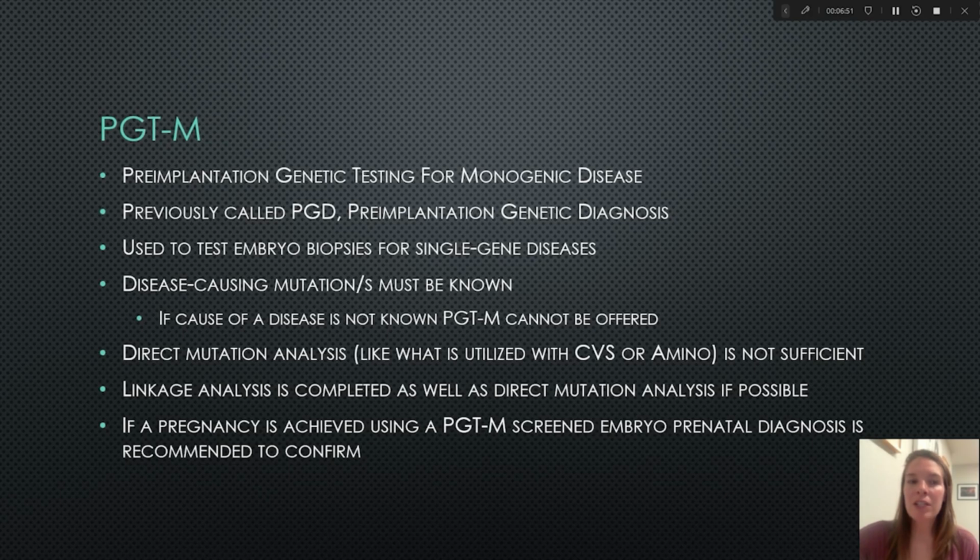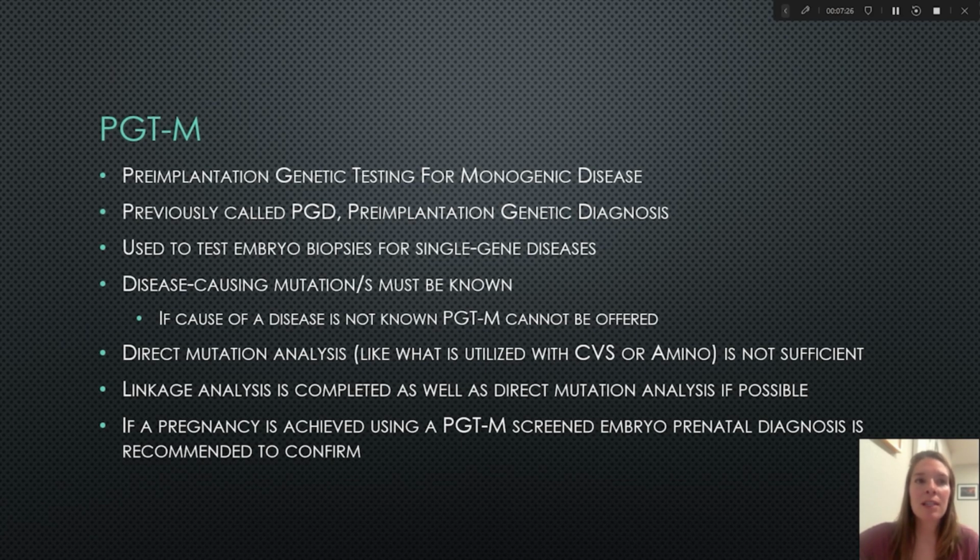Let's start off our conversation regarding PGT with PGT-M, or the preimplantation testing for monogenic diseases. This test was previously called PGD, or Preimplantation Genetic Diagnosis, and it is a technology that's used to test an embryo biopsy for a single gene disease. It is essential that the disease-causing mutation is known.